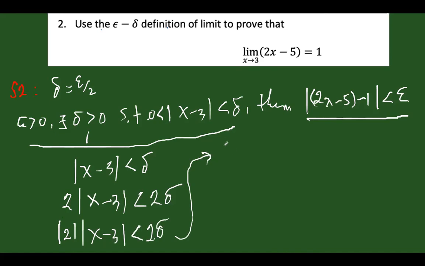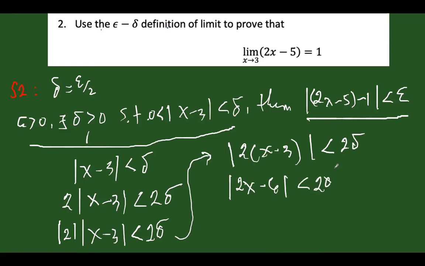So 2 times the absolute value of x minus 3 is less than 2 delta. Here, I could simplify this: the absolute value of 2x minus 6 is less than 2 delta. Again, our main goal is to express this in terms of our conclusion, because we need to show that there exists an epsilon which is greater than this.